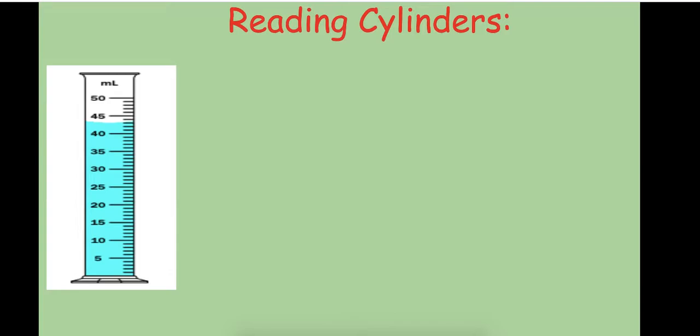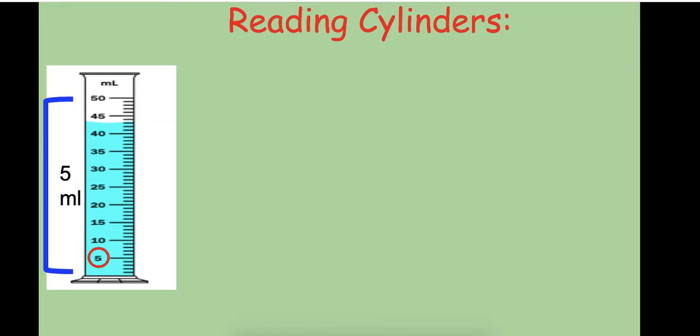So I have a cylinder there, okay? And it's always important, you need to see what measurement your cylinder goes up in. So you can see mine starts in 5. So what does that mean? We are counting in 5s. It's going 5 mils every time.